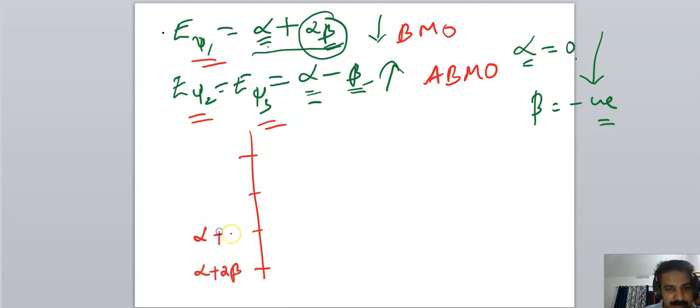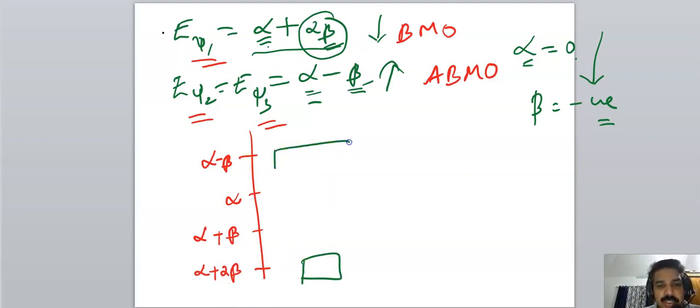This is next step, that is alpha plus beta, and this is alpha, energy of atomic orbital, and this is alpha minus beta. Okay, and this alpha plus 2 beta is a non-degenerate set, it has only one molecular orbital. Alpha minus beta is a degenerate set of 2 molecular orbitals. Okay, so it has higher energy, and it has lower energy.